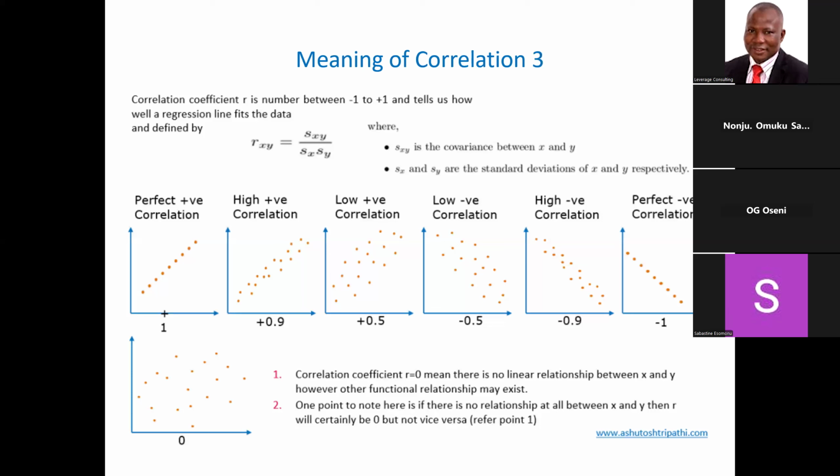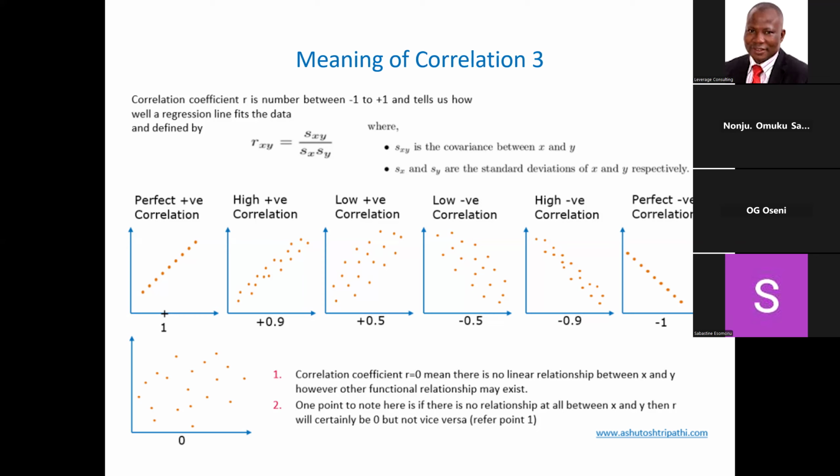Now look at it pictorially. When positive, when you plot it, you go from left to right, upward, meaning that as the value of x increases, the value of y increases.